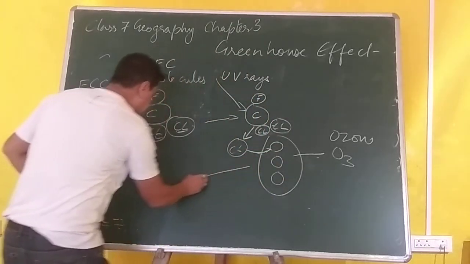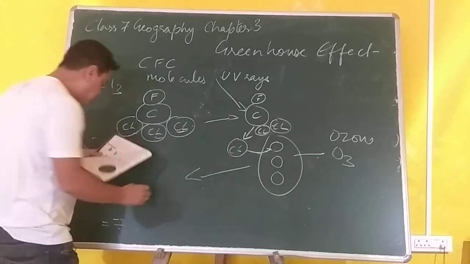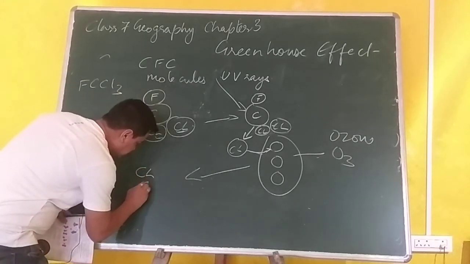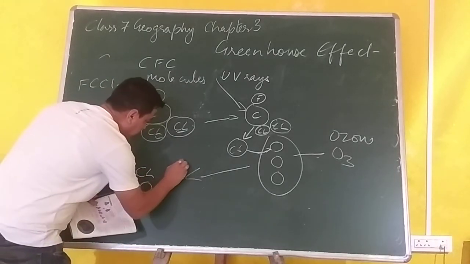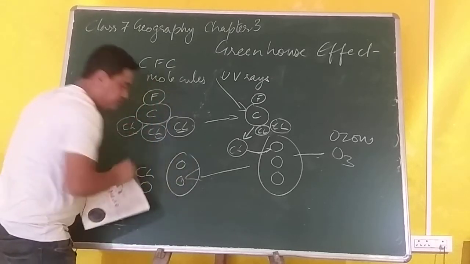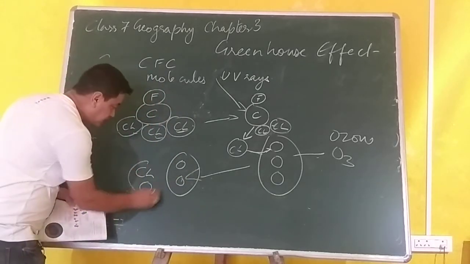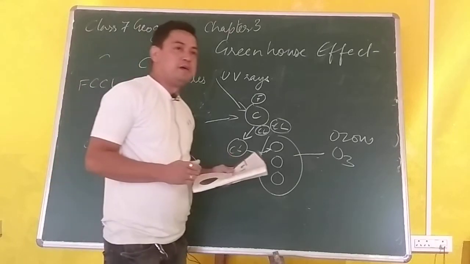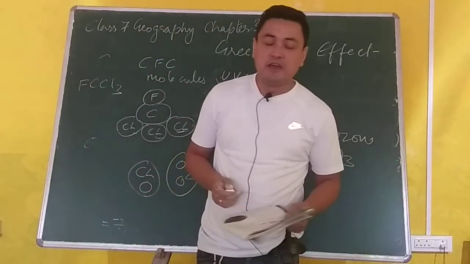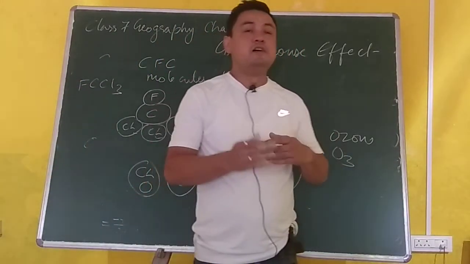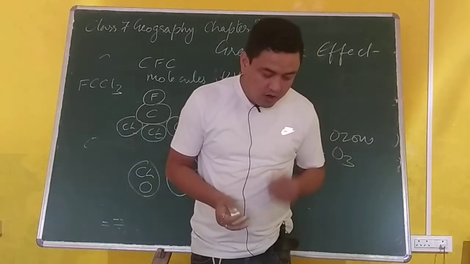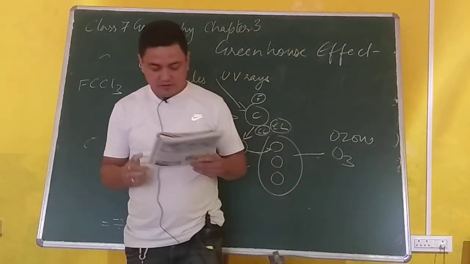So what happens after this? Chlorine eats away the oxygen, so there are only 2 oxygen left in the ozone layer. So in this way the ozone is depleted by the CFCs or chlorofluorocarbons.